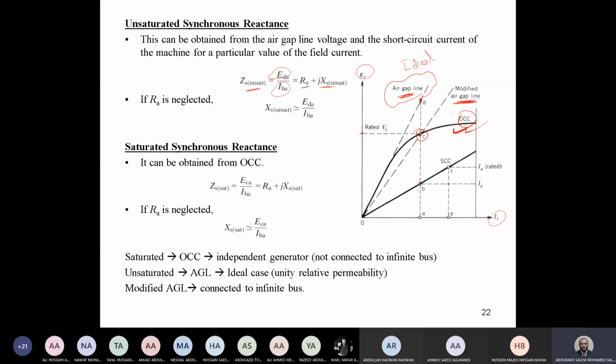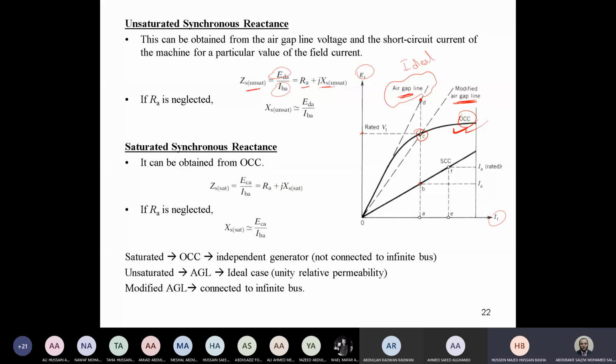Why is the resistance very small? What is the relation between the power of the machine and the resistance of the machine? Why do we say that if the machine is high rating, resistance can be neglected? Because the voltage will be very high, Doctor. Is it related to voltage? Yes, because the power is related to the voltage.